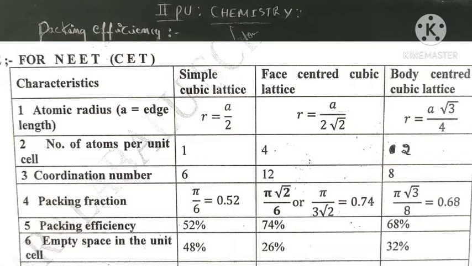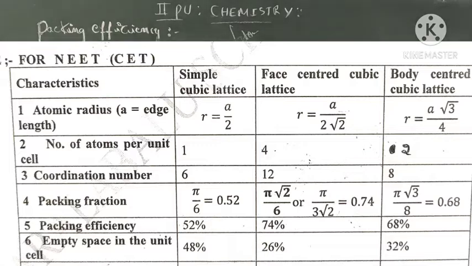Then the face-centered cubic cell is pi root 2 by 6, or pi 3 root 2 by 6, which is 0.74. And body-centered is pi root 3 by 8, which is 0.68. Then packing efficiency: simple cubic is 52, FCC is 74 and BCC is 68, and the empty space is 48, 26 and 32. This is a simple chart to understand easily.